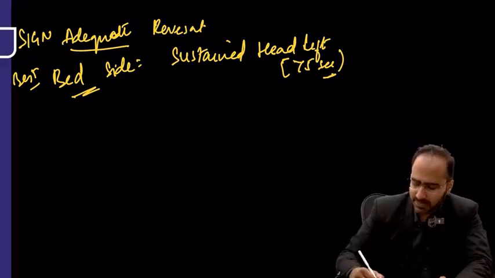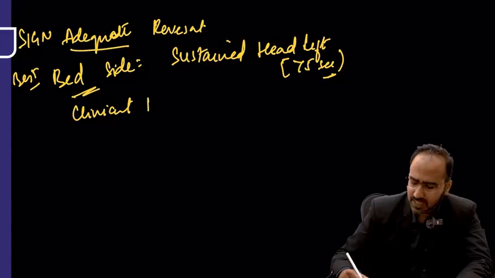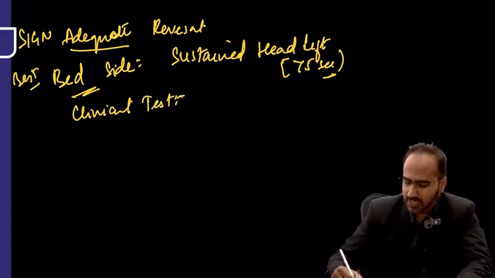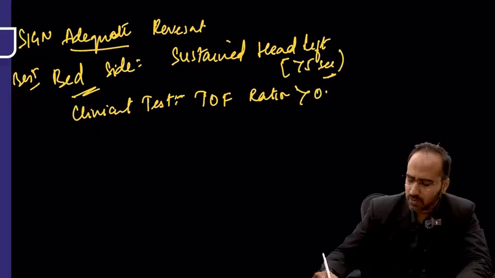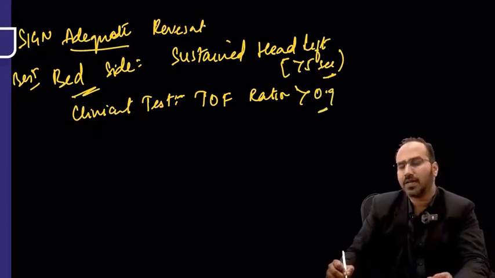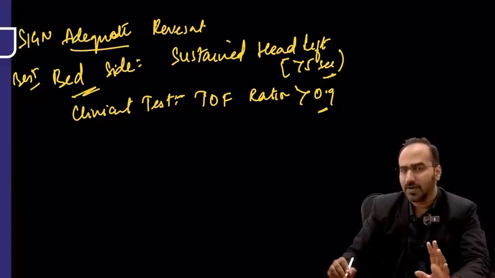But the best clinical test that could detect whether the patient has been reversed or not is looking at the train of 4 ratio. A train of 4 ratio more than 0.9 indicates the patient has been reversed. We'll discuss the train of 4 ratio later. So these are the signs of adequate reversal.